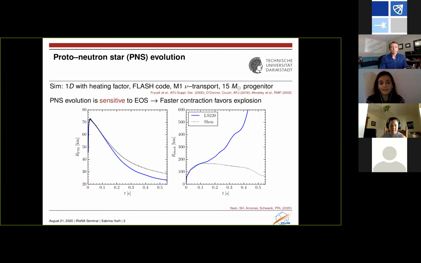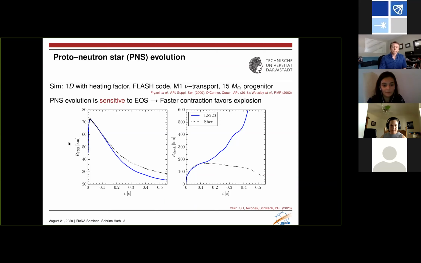In fact, there have been already studies about the sensitivity of the equation of state in core-collapse supernova simulations, and I show you here results from 1D simulations that we did with the FLASH code and the M1 neutrino transport scheme using a 15 solar mass progenitor star.